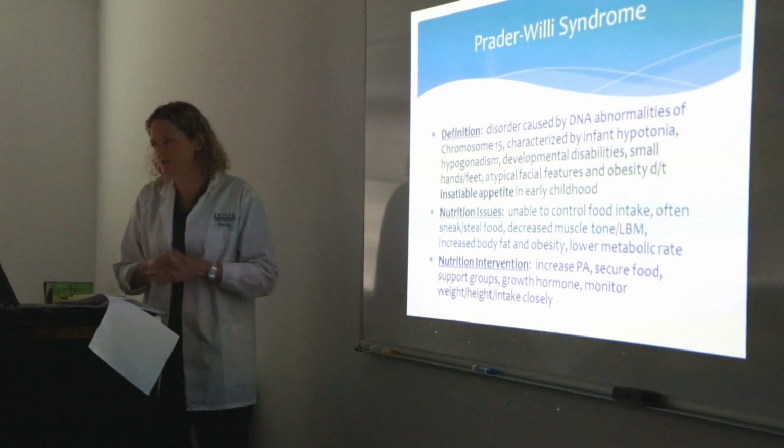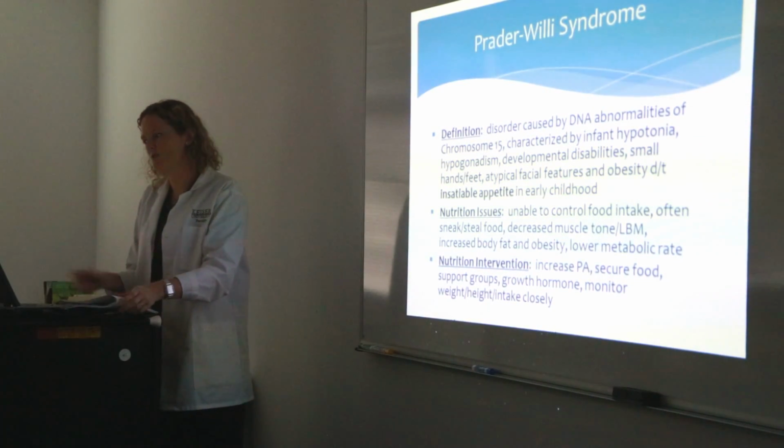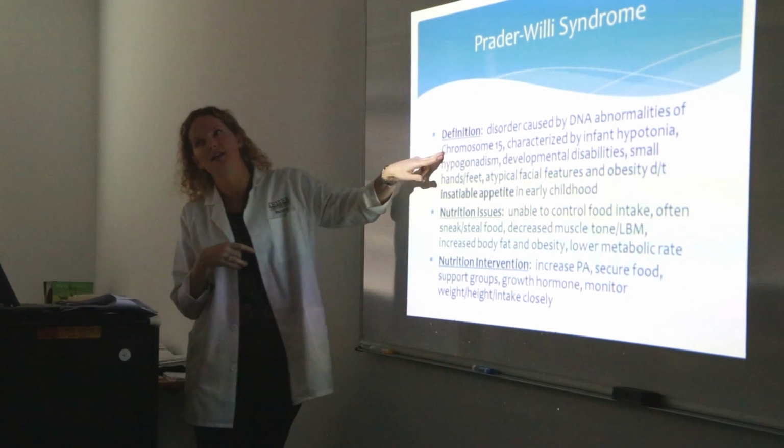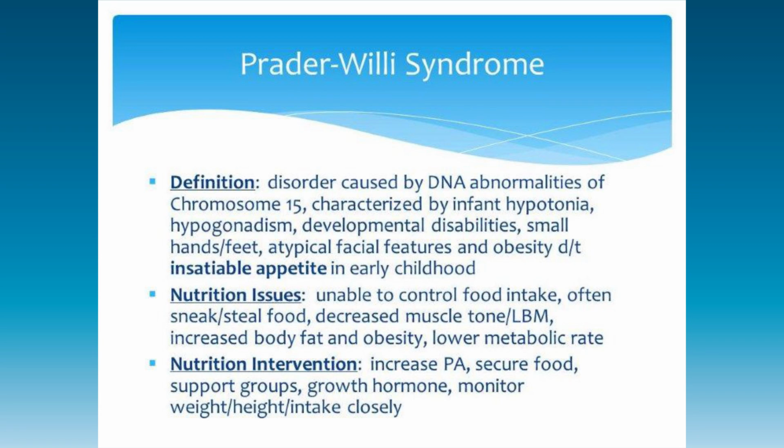Okay, Prader-Willi syndrome. This is another genetic disorder, so it's caused by DNA abnormalities of chromosome number 15. But it's different than Down syndrome in that there's not an extra chromosome. There's actually part of chromosome number 15 that is missing. So it's also characterized by hypotonia, also hypogonadism, some developmental disabilities, small hands and feet.